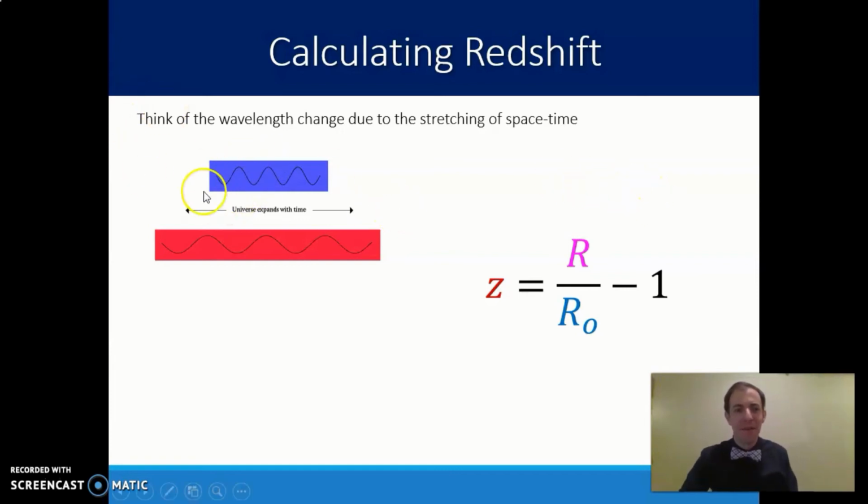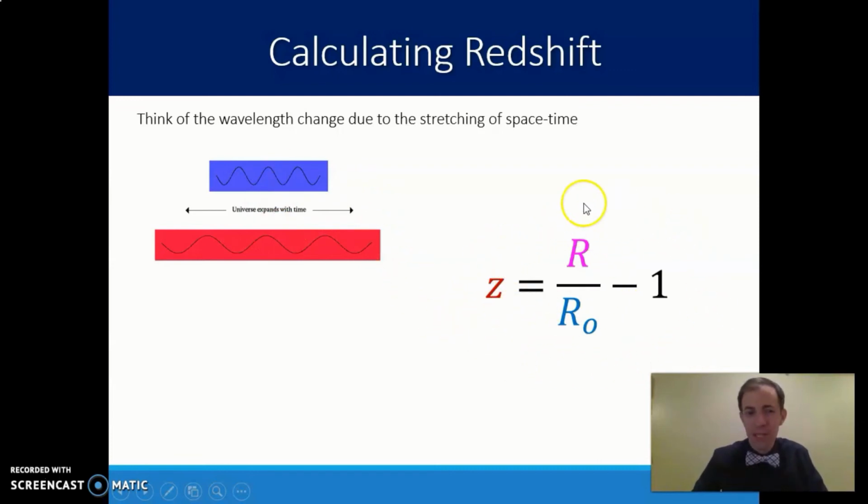So think of, for example, a rubber band with a wave drawn on it. You can stretch that wave, and the wave itself is going to have a longer wavelength and become more and more red. This is another way of explaining redshift, this cosmological redshift.